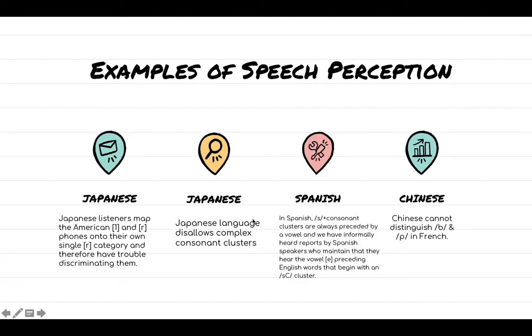So let's take a look at the third problem, the Spanish one. In Spanish, s plus consonant clusters are always preceded by a vowel, and we have informally heard reports by Spanish speakers who maintain that they hear the vowel E preceding English words that begin with s plus consonant clusters.